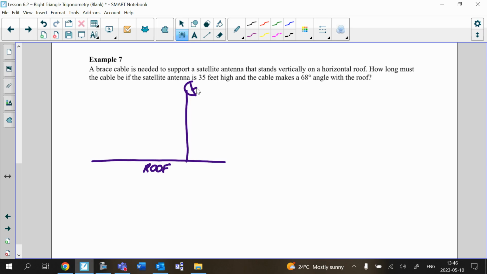The brace cable keeps this antenna vertical. It keeps it from falling. So it's going to attach near the top of the antenna, and then somewhere else on the roof to hold it in place.